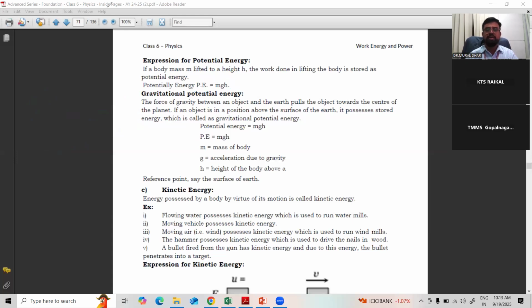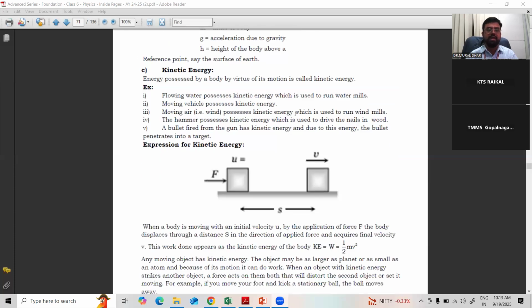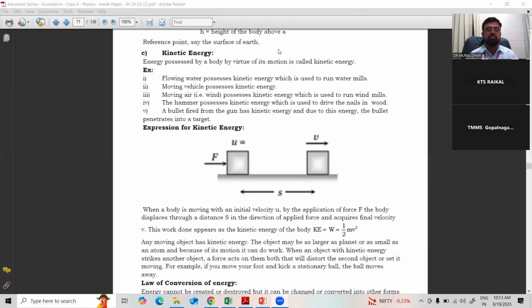Clear? So mechanical energy is nothing but potential energy and kinetic energy, whereas potential energy is energy possessed by a body by virtue of its position. Next, kinetic energy: energy possessed by a body by virtue of its motion.